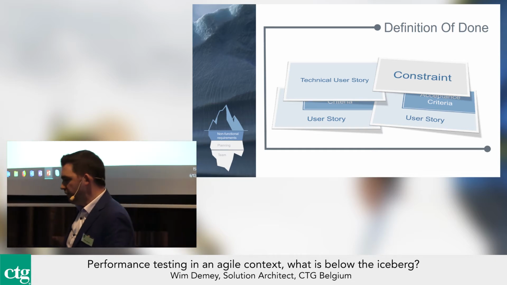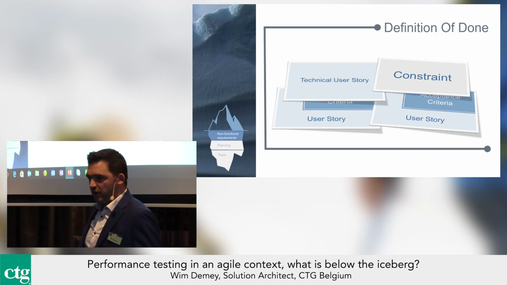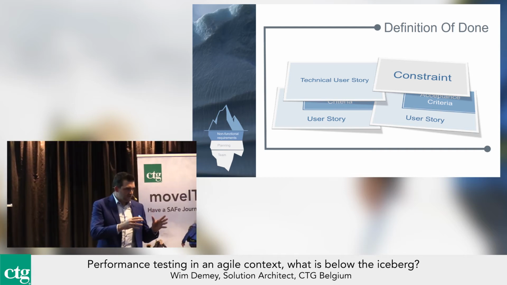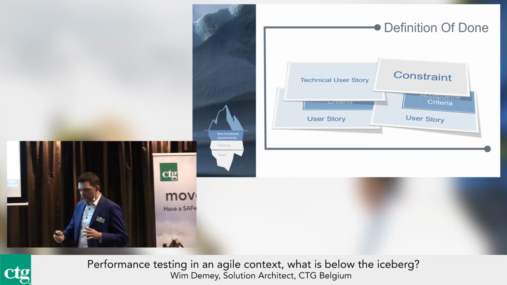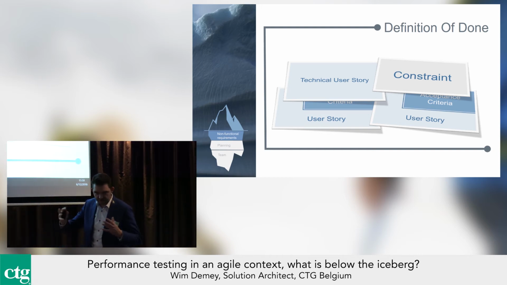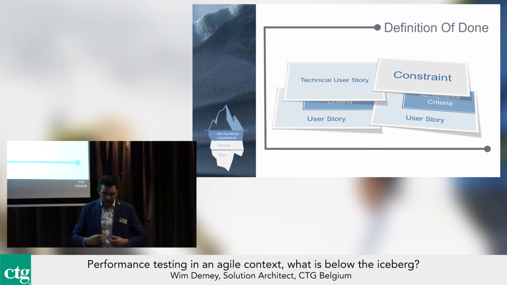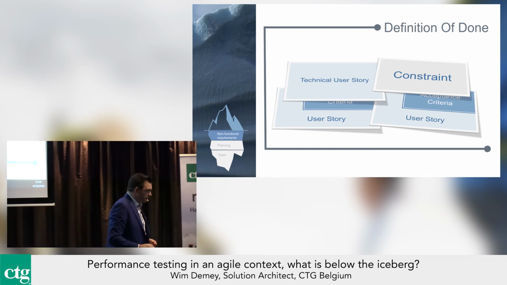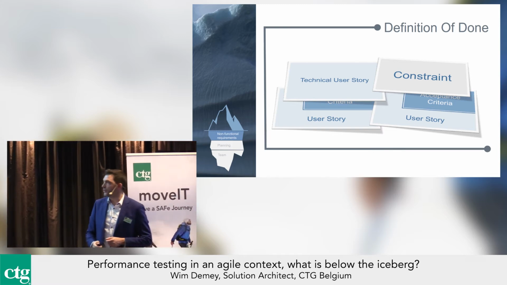And finally, if you have non-functional requirements which are valid for a lot of user stories and features, you can make them part of your definition of done. So there are different ways you can integrate your non-functional requirements into your user stories.